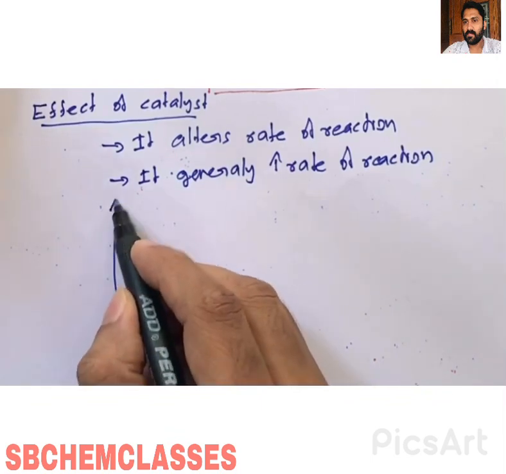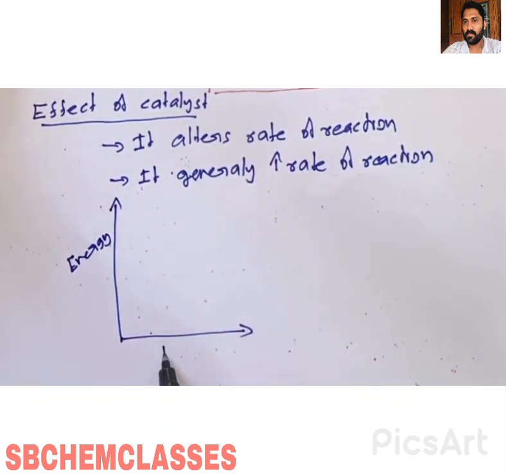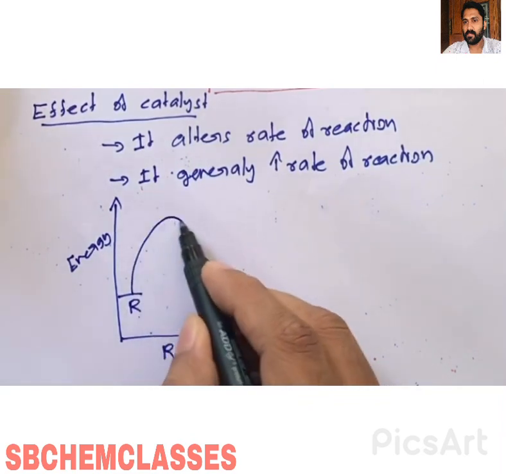Graph between energy and reaction coordinate. Graph between reactant, the conversion of reactant to product through activated complex.